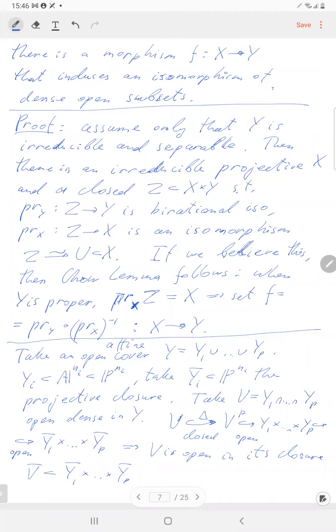And then again, the product of Y's is embedded into their closures as an open subvariety. So everything is clear, I hope. And we set X, the desired projective variety, to be just V bar. Okay, so it's projective.